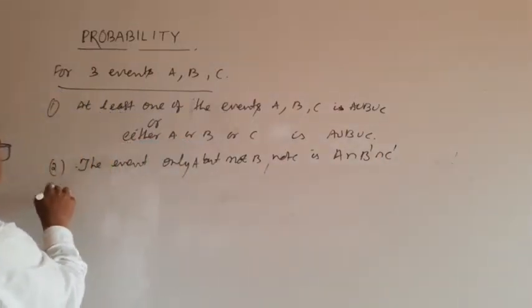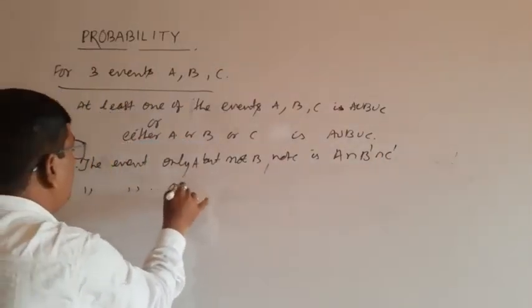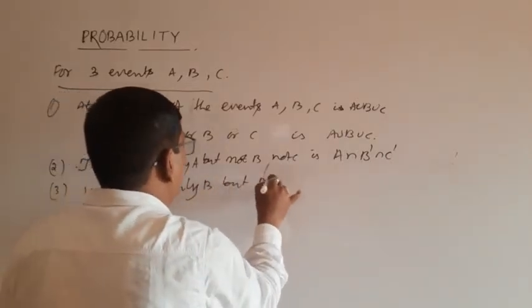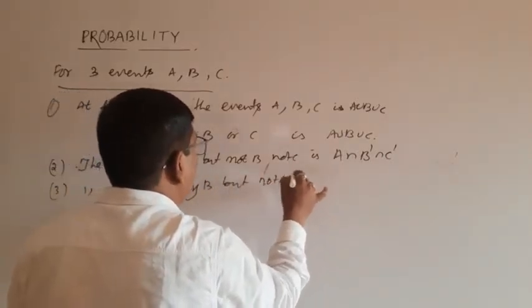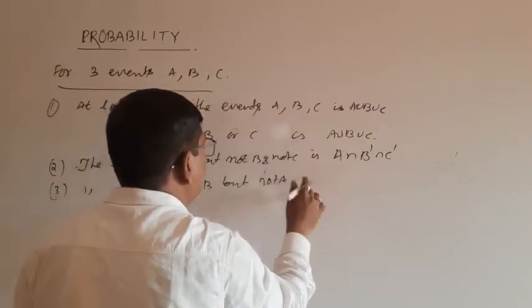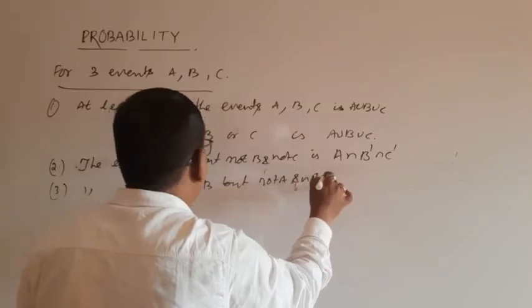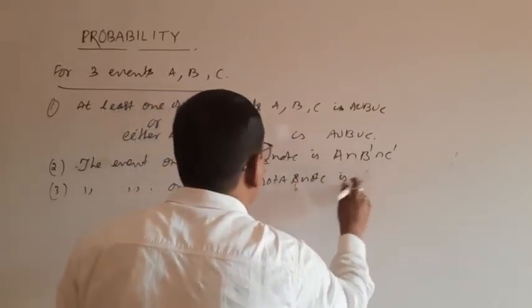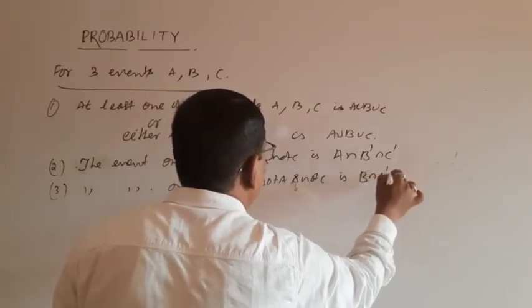Similarly, the event only B but not A and not C is B intersection A dash intersection C dash.